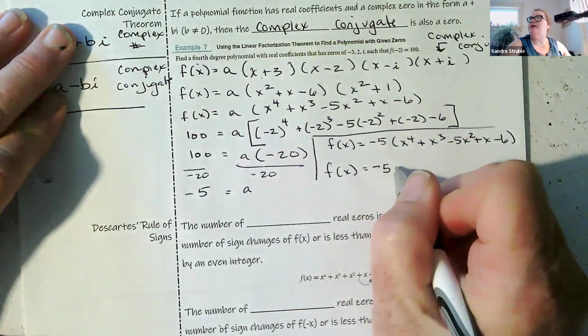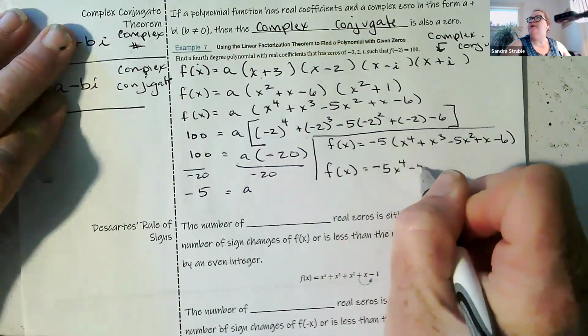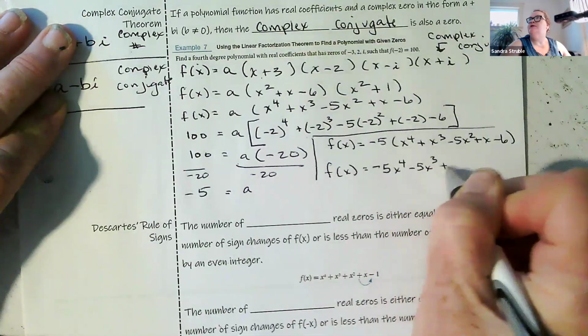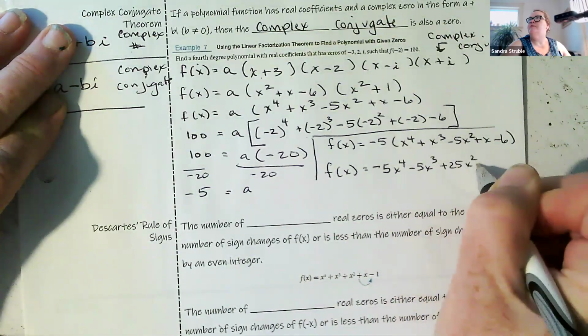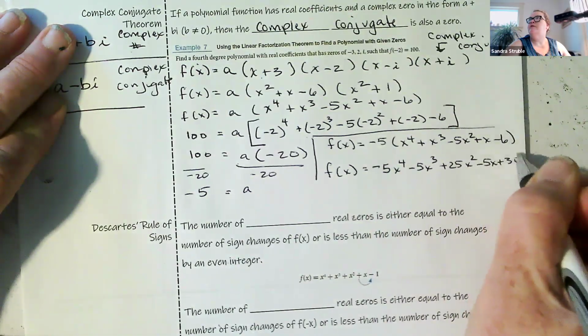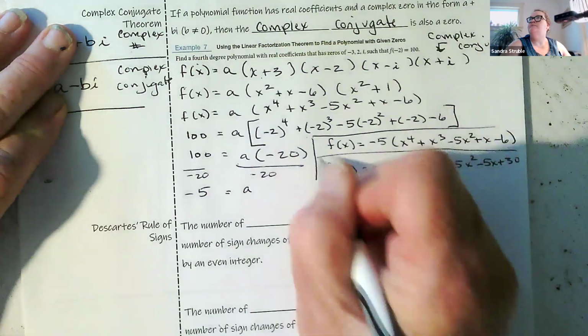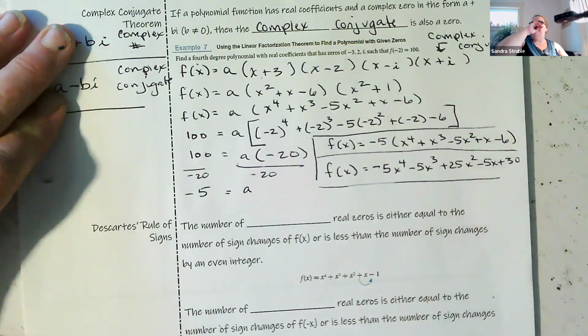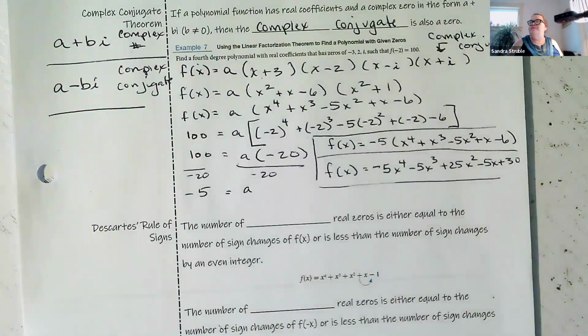It's just math when you can. Minus 5x cubed plus 25x squared minus 5x plus 30. There is my polynomial. That was some stuff, y'all.